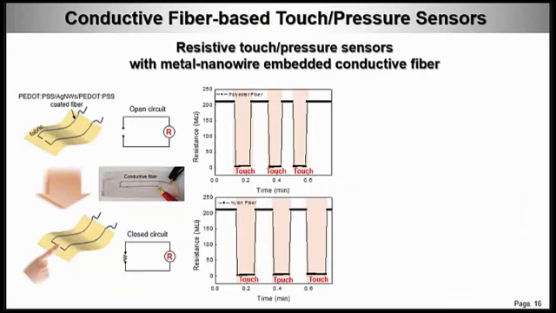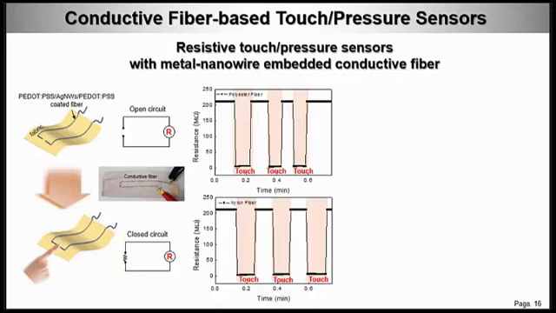Furthermore, we could demonstrate touch and pressure sensors using the conducting fibers. If the conductive fiber is sewn on the fabric in a specific pattern with two disconnected lines, it operates as an open circuit and keeps a high resistance.